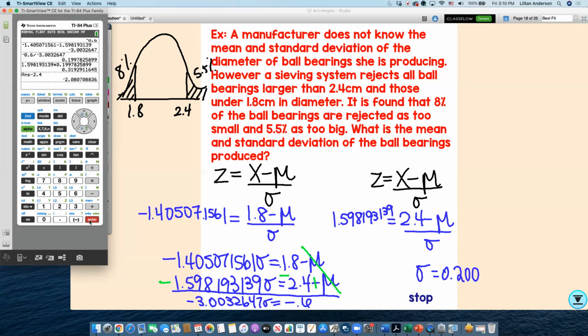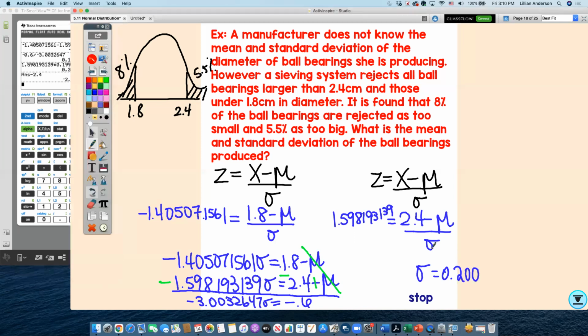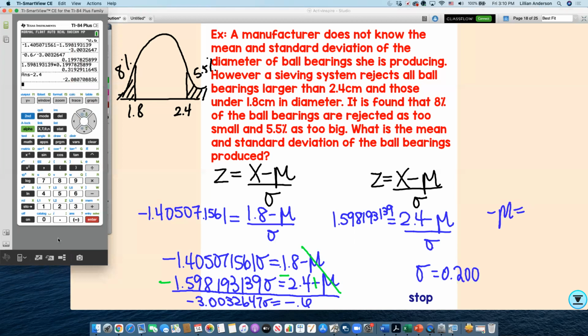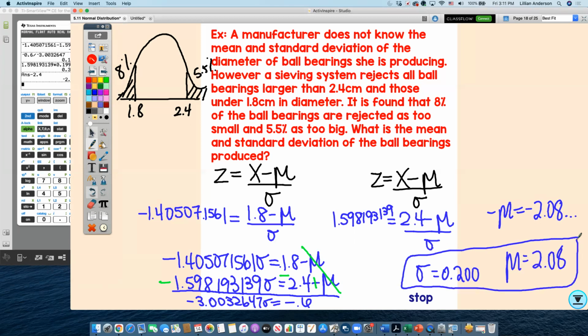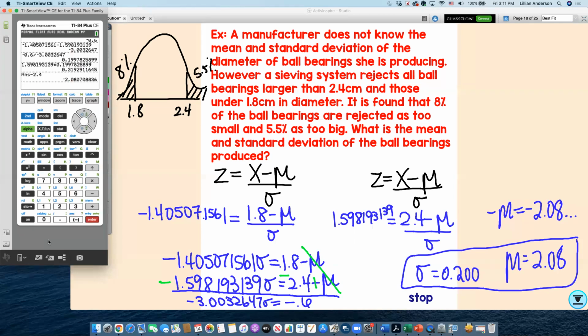If I plug in this value for my standard deviation, I multiply it by this number, and then I will subtract 2.4 to get negative mean equals that negative number there. Which is the positive. And I want the positive version to actually find my mean. I know I went through this kind of fast because I was running out of time, but that's how we can find the mean and standard deviation. Two unknowns, but using the Z-score.